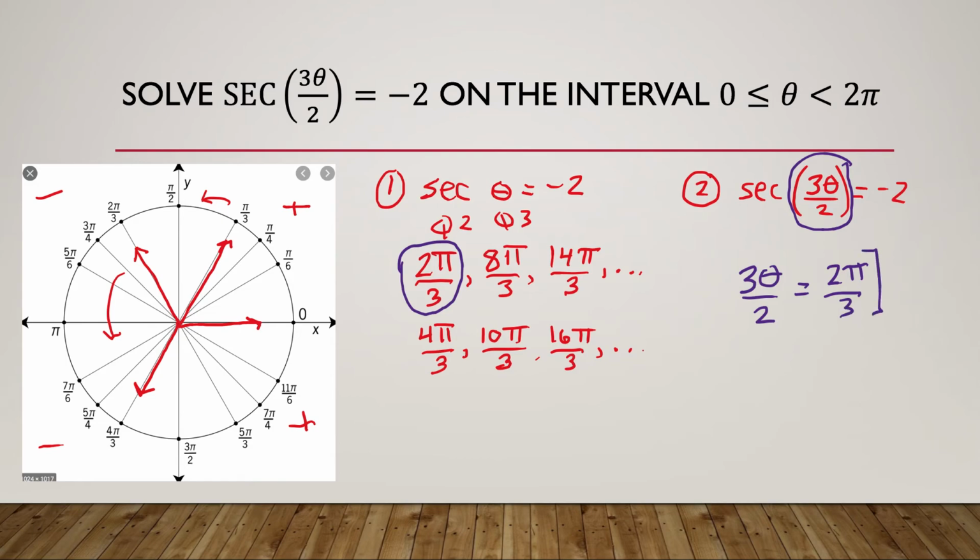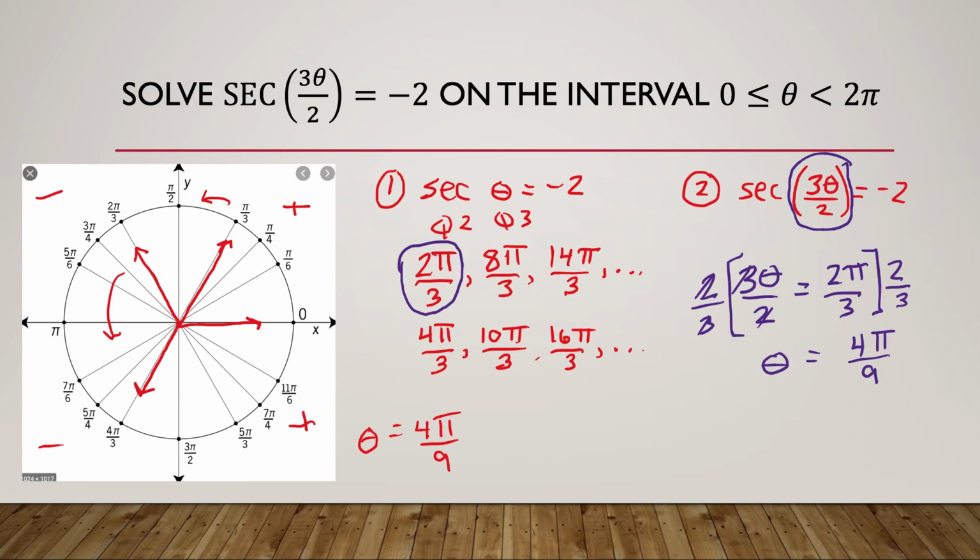Now, what do I need to multiply by to get theta by itself? I would need to multiply by the reciprocal of 3/2. So I'm going to multiply both sides by 2/3, and all of this over here will cancel, leaving me just the theta. And my first answer is going to be 4 pi over 9. Wherever I'm writing the answers to my problem, that's the first one in the list, 4 pi over 9.